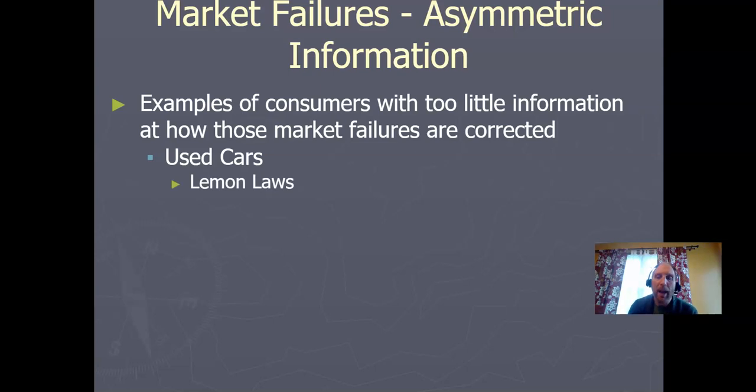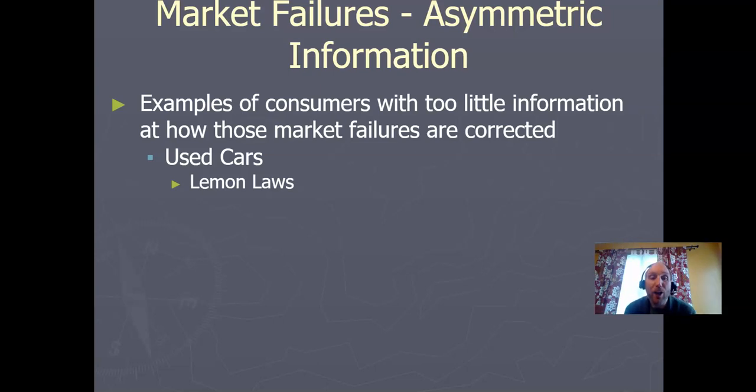And so that is why the government has created what are called lemon laws, so that a car dealer cannot lie to you about the car that they are selling. They can't tell you that it has a certain amount of miles and then really it has more miles, but they've rolled it back, or that it's been in an accident, and if the car dealer knows that, they should disclose that information.